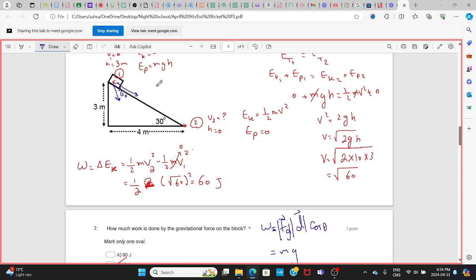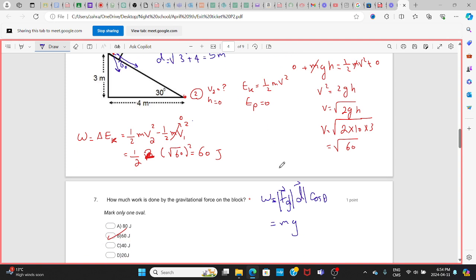So using the Pythagorean theorem, 3 squared plus 4 squared, 9 plus 16 is 25. It's going to be 5 meter, right? So I know the displacement is 5, and the cosine of what? 60 degree. Let's say this is 30, this is 60.